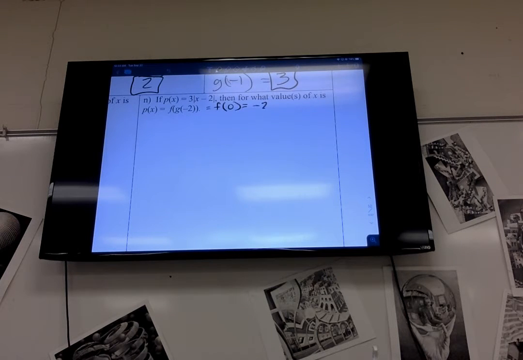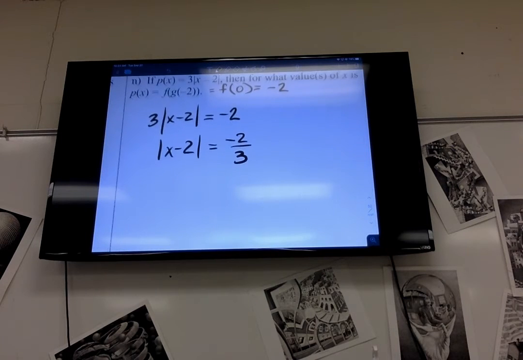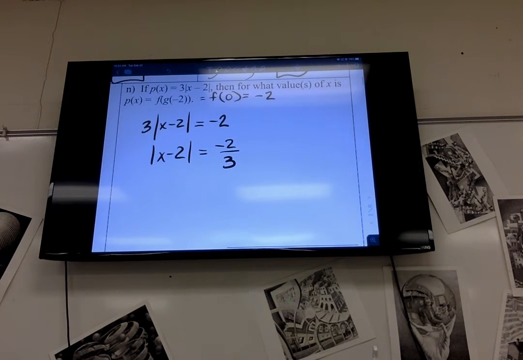-2. So that means we take this and we set it equal to -2. Gotta get the absolute value by itself, so you divide by 3. Now, herein lies the problem.